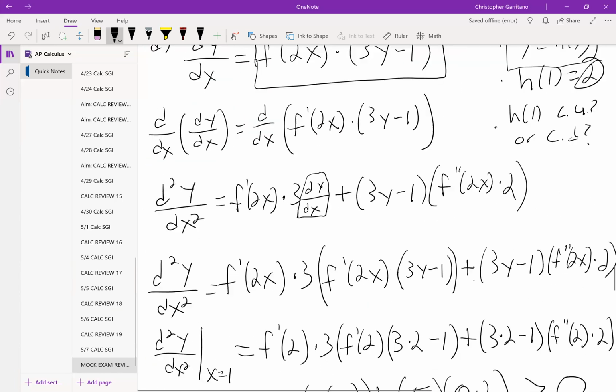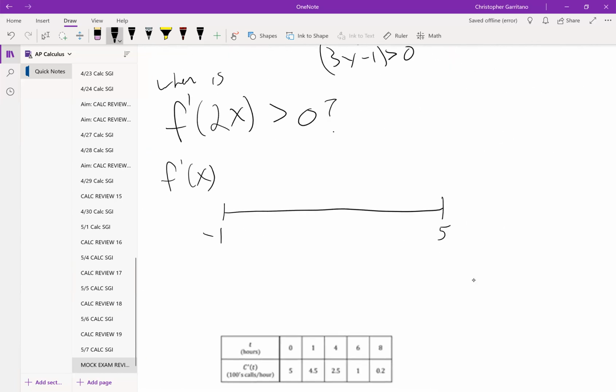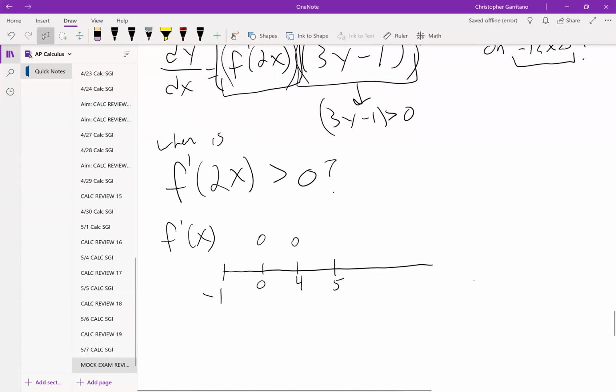Let me write those down: 0, 4, 6, 9. But we're only focusing between -1 and 5, sorry. So we only have zeros at x equals 0 and x equals 4.